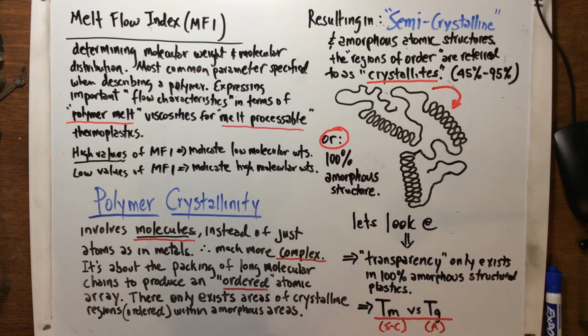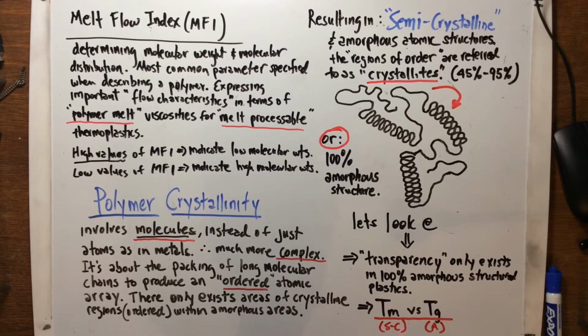Okay, so let's look at some things here regarding the structure, and specifically on amorphous structures, because of transparency. As we said, polymers can go in the opacity area. It can go from 100% opaque to 100% transparent, and then we have something in between called translucency.